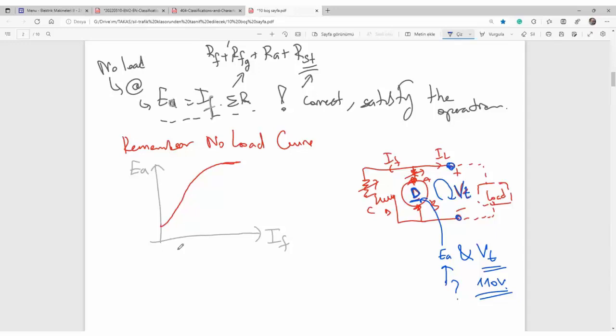And there must be a reasonable voltage because we drive some electrical load here. What is the reasonable voltage? Somewhere here, perhaps here, but not here. Those are very small amounts of voltage.